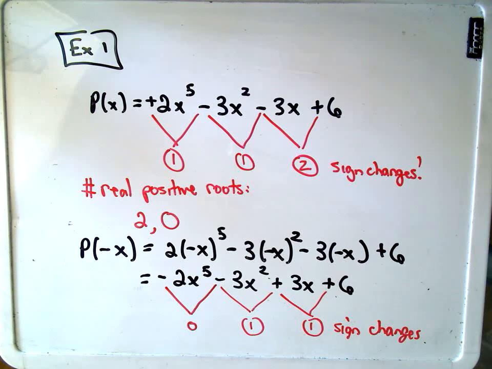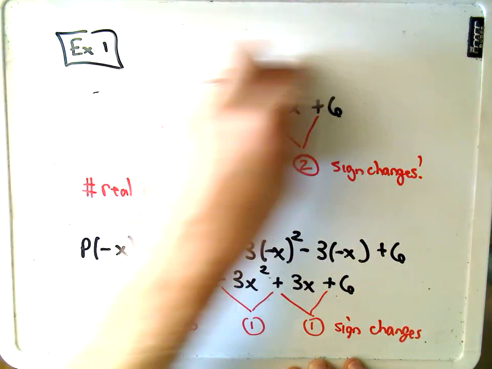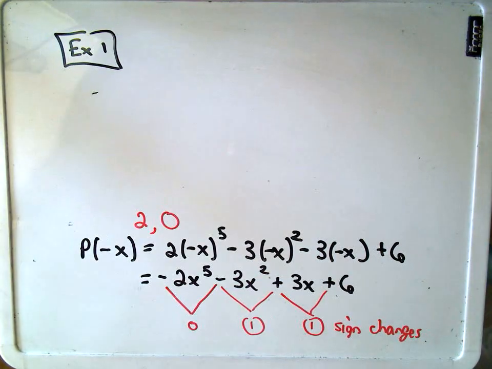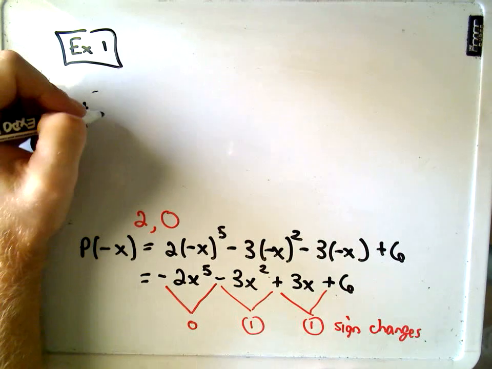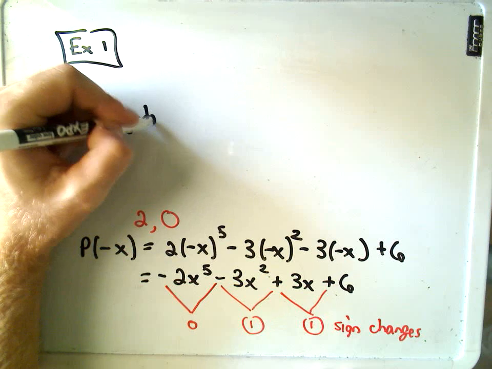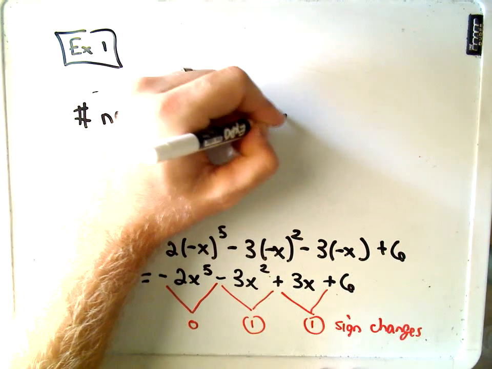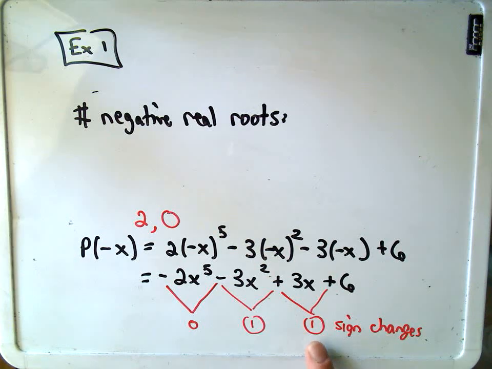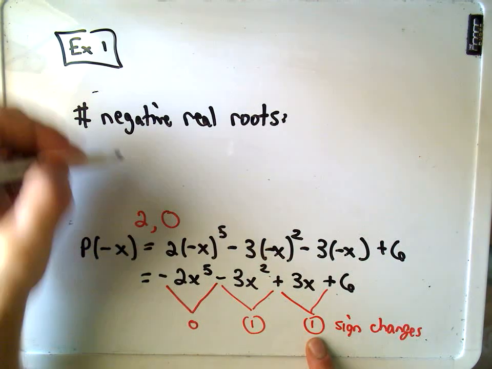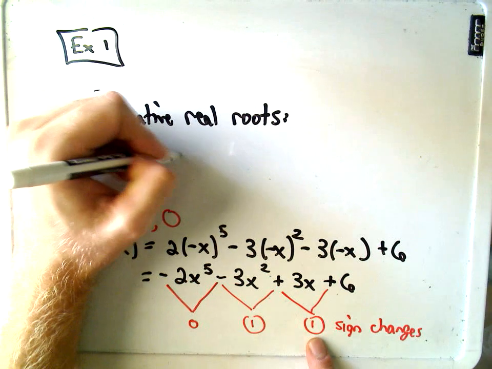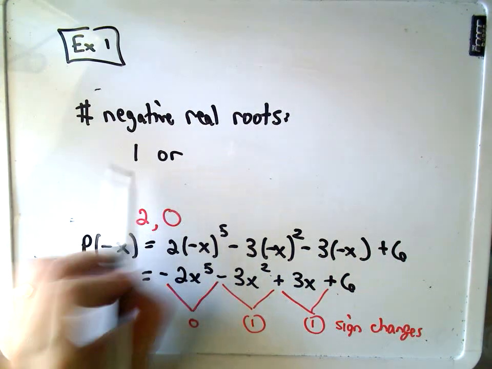So again, what the result says is that the number of negative real roots either has to equal the number of sign changes in p of negative x, so there's 1, or you decrease by multiples of 2.